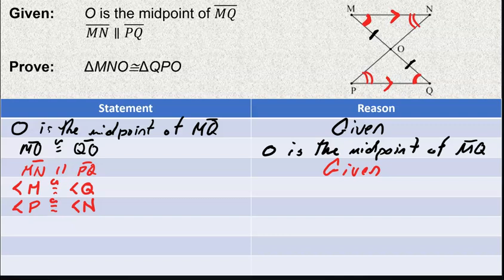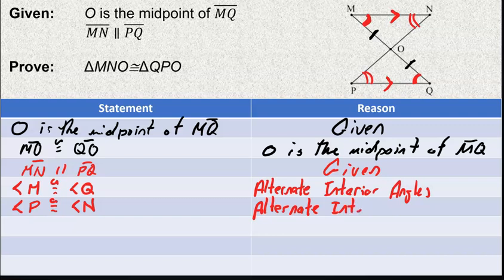It tends to be the common choice with students. The language here for the reasoning should state that these are alternate interior angles in both cases. So I did this on purpose. I could have written both these angles on one line, or I could have separated them.